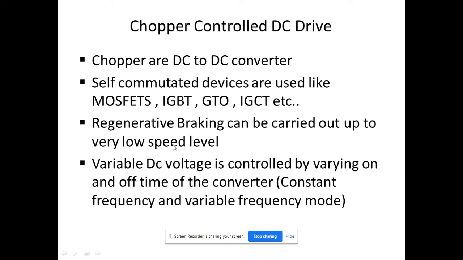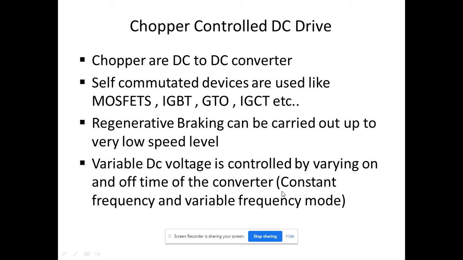The regenerative braking is also possible by using chopper control DC drive, and also it can be carried out up to very low speed level. The variable DC voltage is controlled by varying on and off time of the converter.